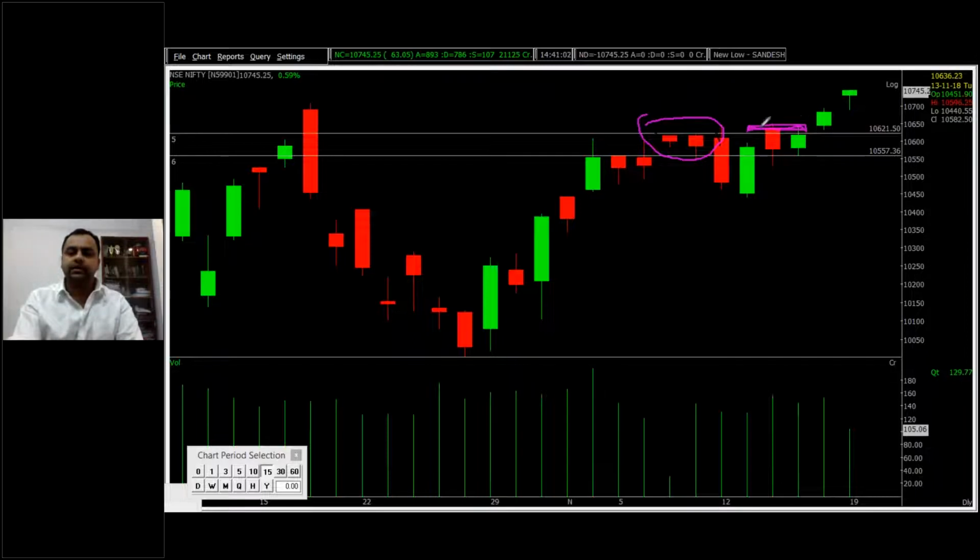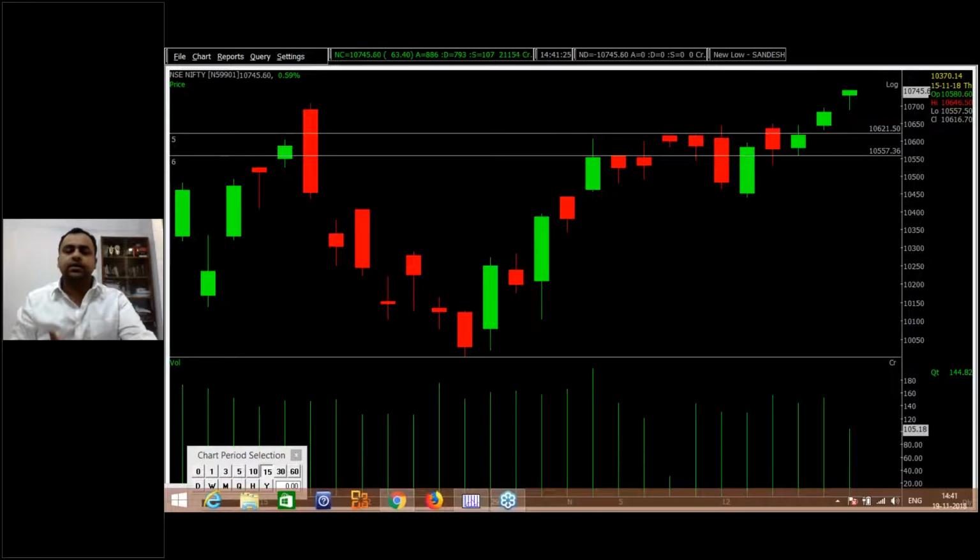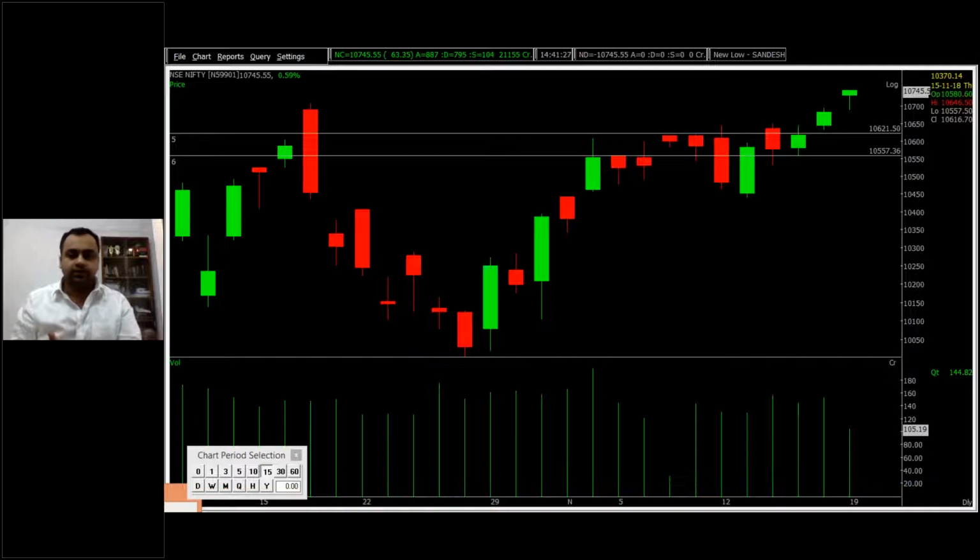So the market has tested this resistance again and again, after 2 days, and before that there was a dip, 2 days here and 2 days there. This resistance has acted very strongly, and now when this resistance is breaking, the market is likely to trend higher, and therefore you need to follow the trend with whatever method you are using.